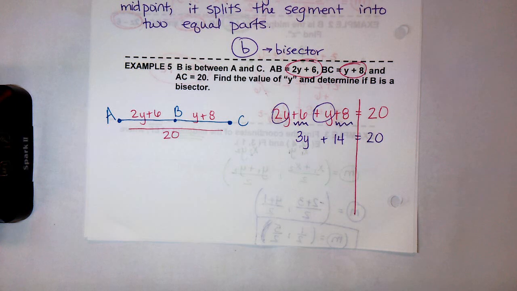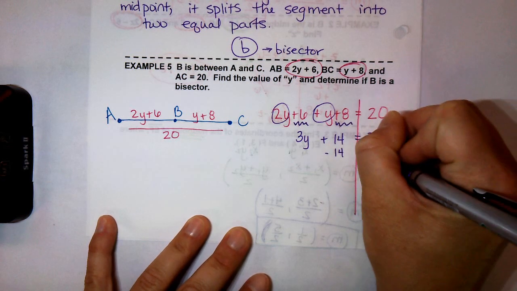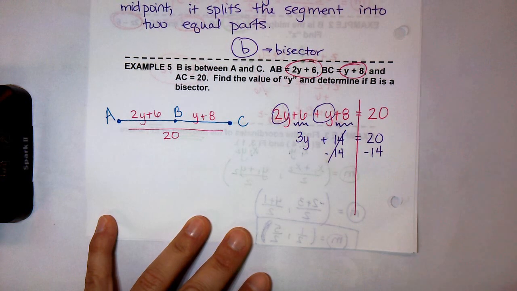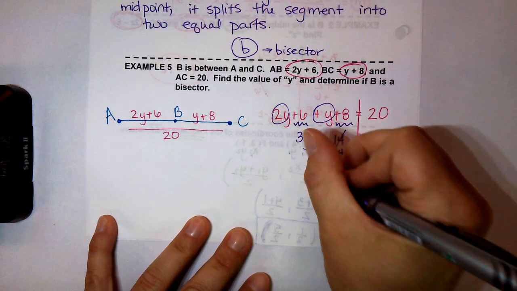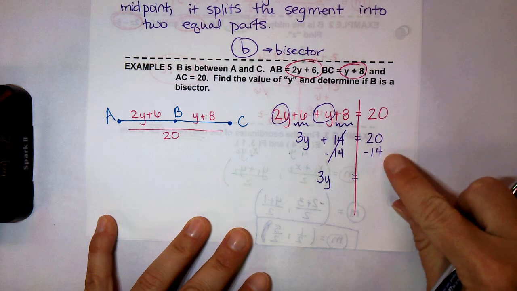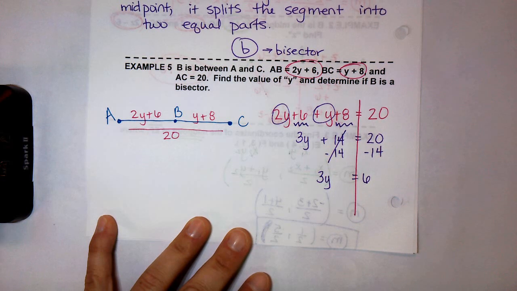Now you have a two-step algebra equation. If you don't know how to do this, please come tell me so I can help you, because this is like the start of all math. Plus 14 minus 14 goes away, and then 3y equals 20 minus 14, and then I divide by 3.